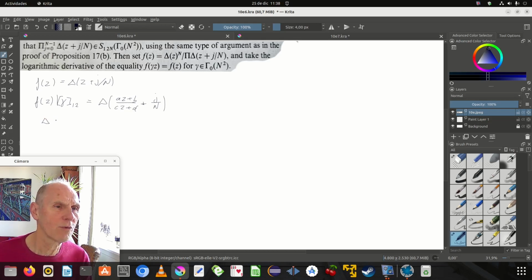and then we first operate on it by gamma, and afterwards by the translation T_j, where the translation is given by this.